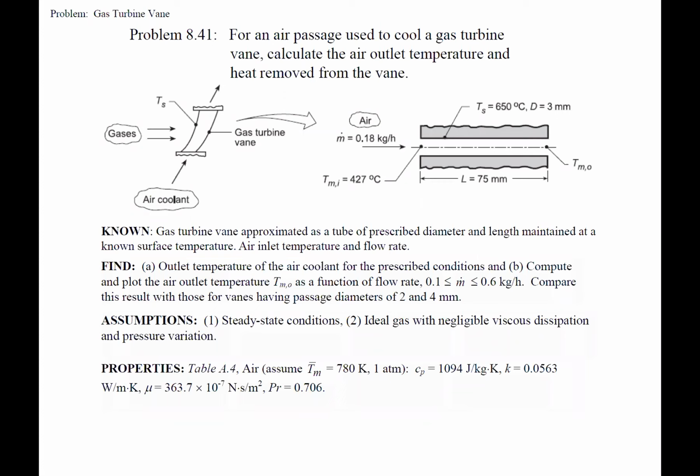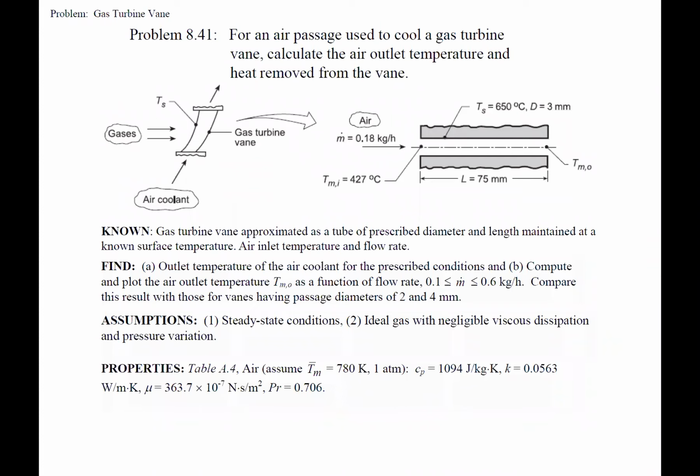We have 8.41. The air passage for cooling a gas turbine vane can be approximated as a tube of 3 millimeter diameter and 75 millimeter length. The operating temperature of the vane is 650 degrees Celsius, and the air enters the tube at 427 degrees Celsius.